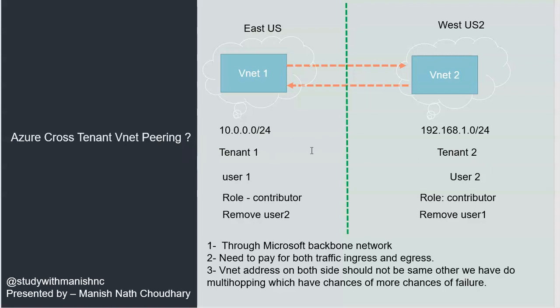As we know, both tenants are totally different and we want to do peering between the two subscriptions and two resource groups. There will be a number of users, but I am talking about the user who has access on this virtual network, and another user who has access on the resource group in the other tenant. This subscription will invite this user, and that user will be invited by the other subscription.